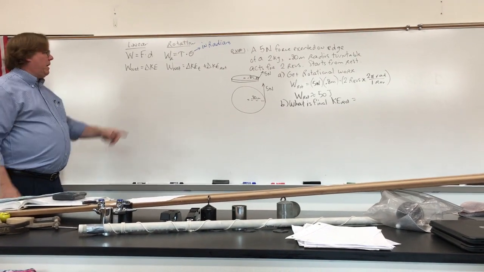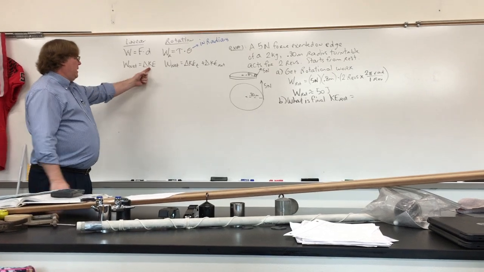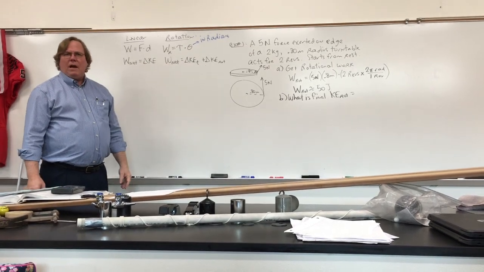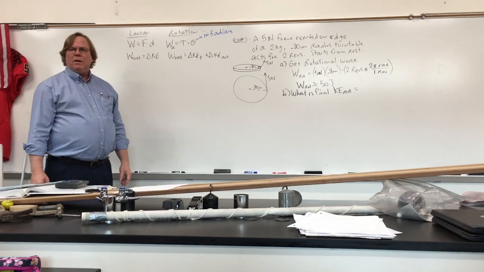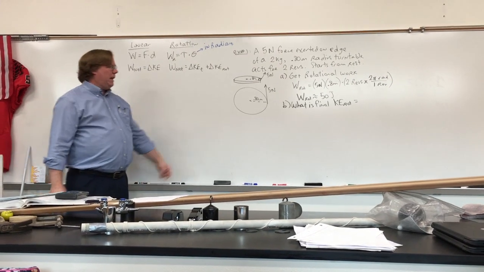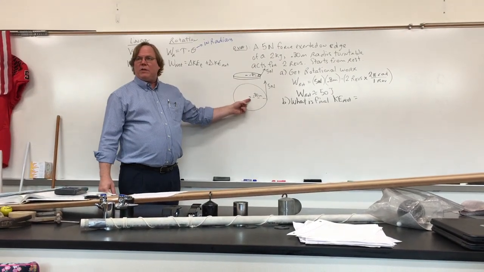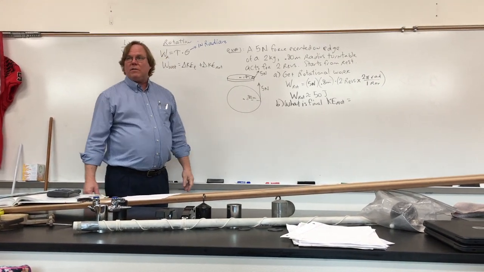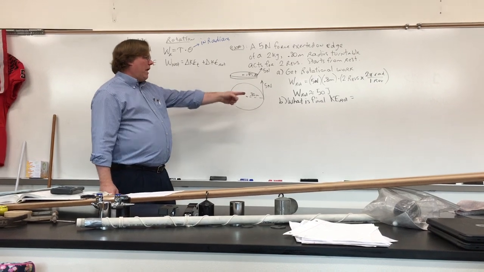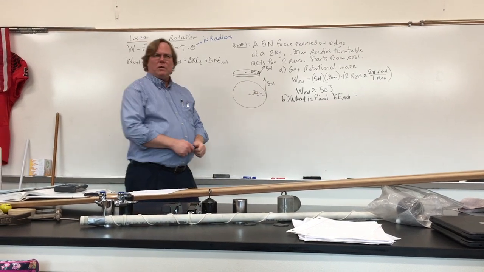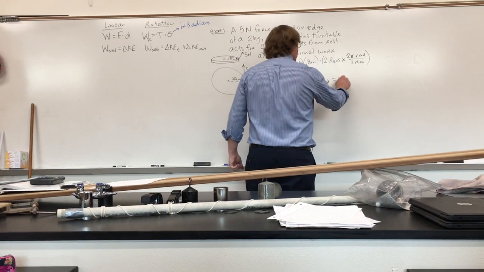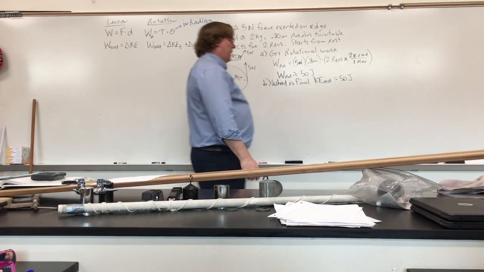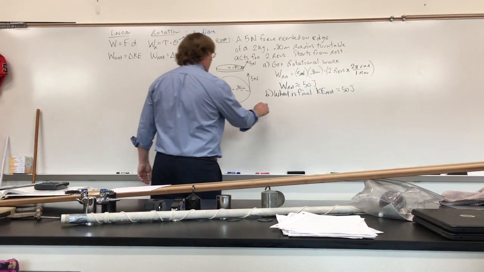Heck yeah, because the net work is equal to the change in kinetic energy. I start with no kinetic energy. I'm not gaining any translational kinetic energy because this turntable is stationary. It's not moving in any particular direction. It's not translating. So all of that work is being converted into rotational kinetic energy. So yeah, this is going to be 50 joules of rotational kinetic energy.